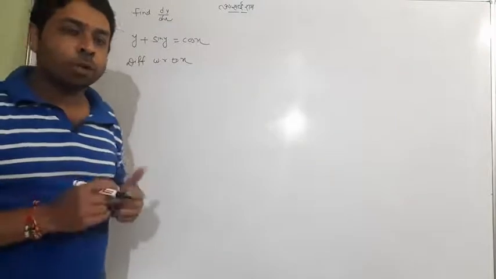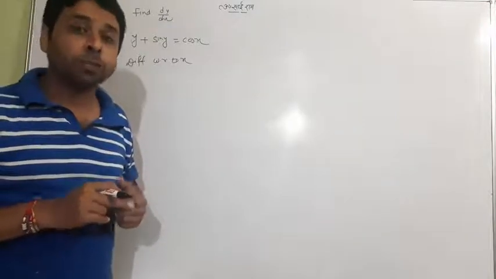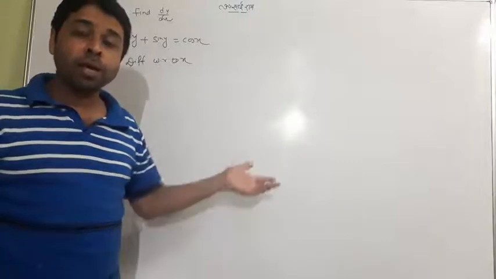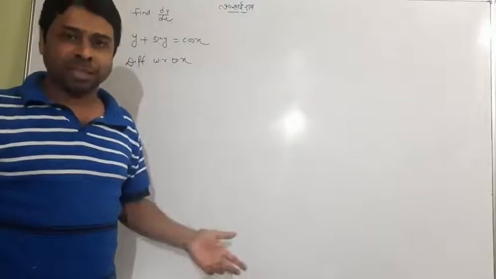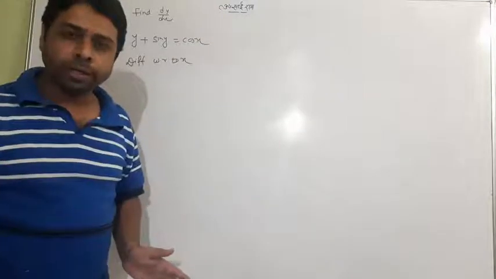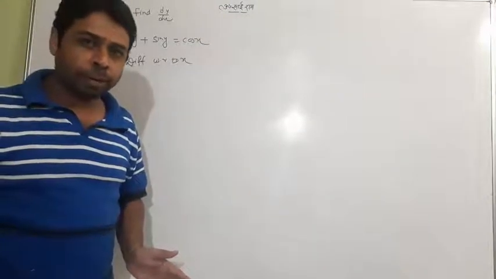Normally we write dy by dx for an explicit function, in which y and x are separated: y is alone on the left-hand side and the terms of x are on the right-hand side.